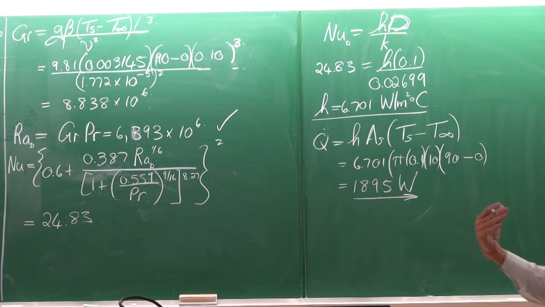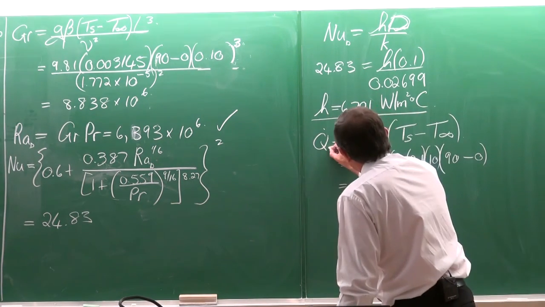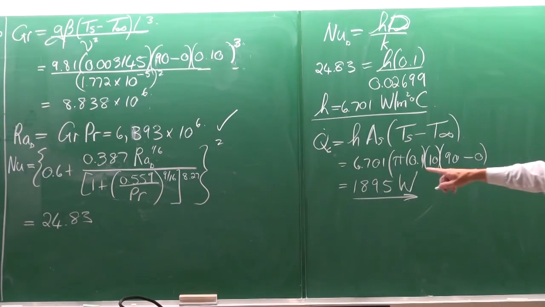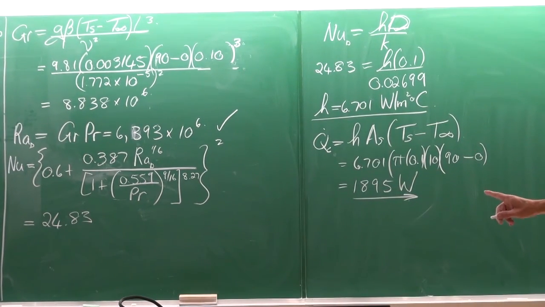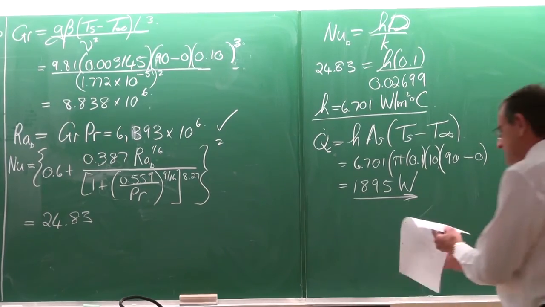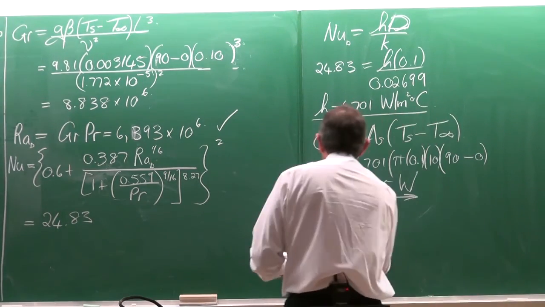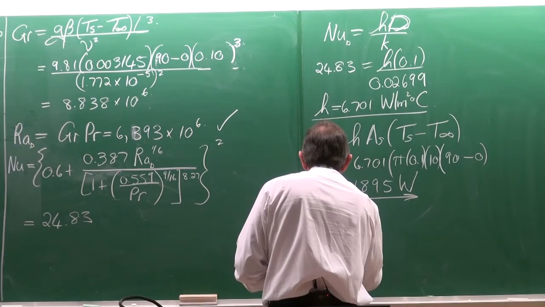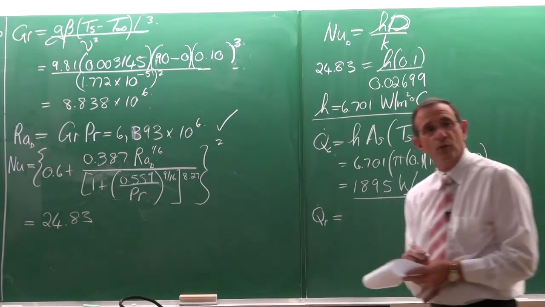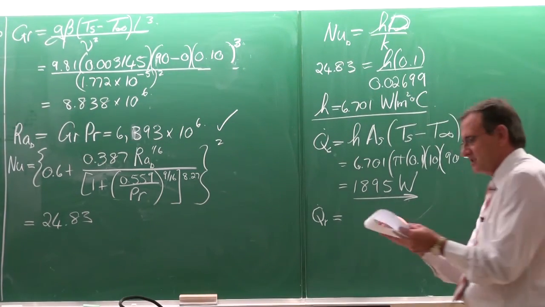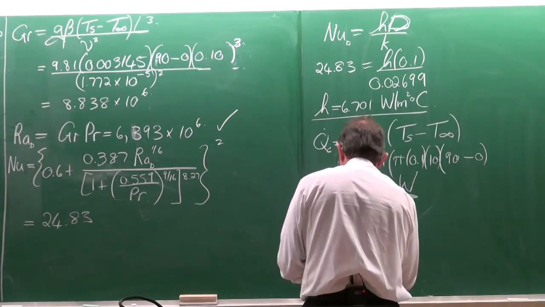Let's look at an example. So let's correct this quickly by saying this is the convection heat transfer. And let's just go and make an estimate of the radiation heat transfer. Now, they didn't really give us lots of information to work on, but let's just go and calculate an order of magnitude.